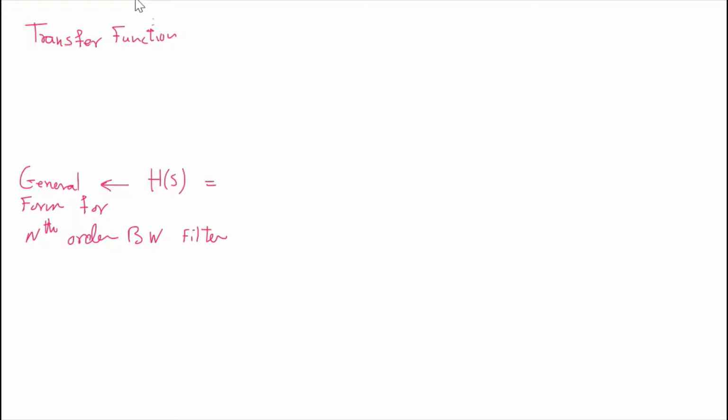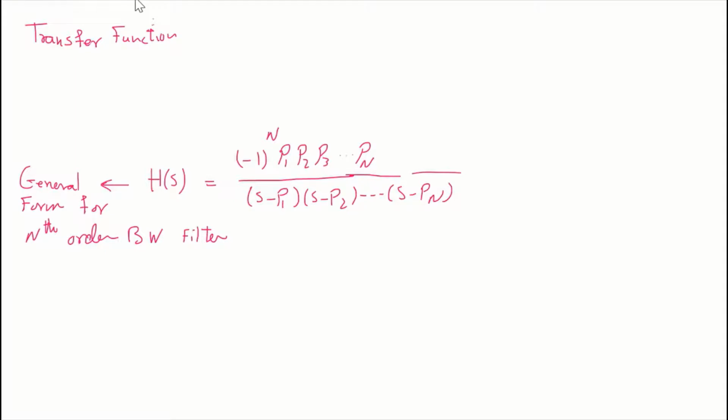H of s equals (-1) to the power of n times p1 times p2 times p3 up to pn, over (s minus p1) times (s minus p2) up to (s minus pn). And what are these p1, p2, pn? These are actually the poles of the transfer function.